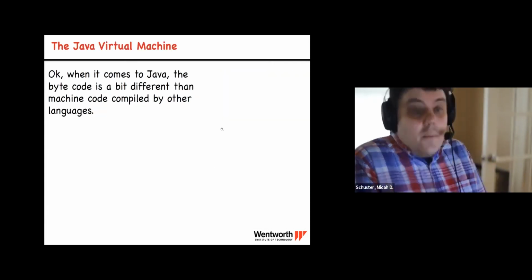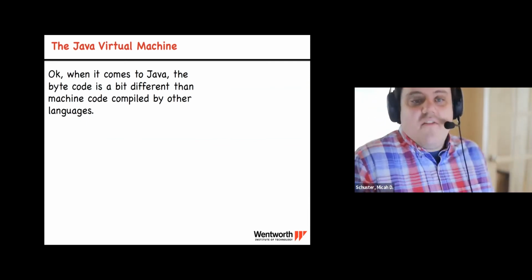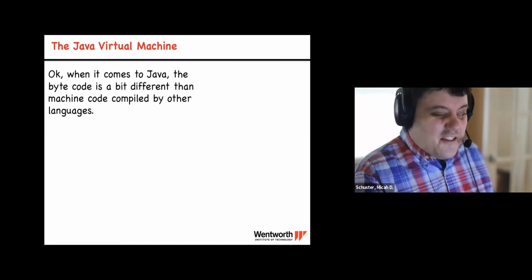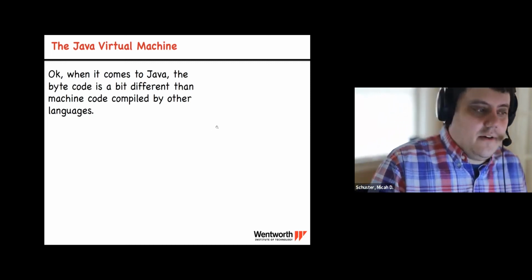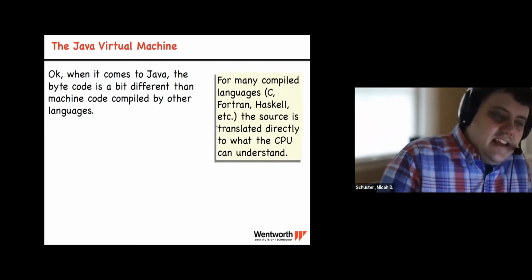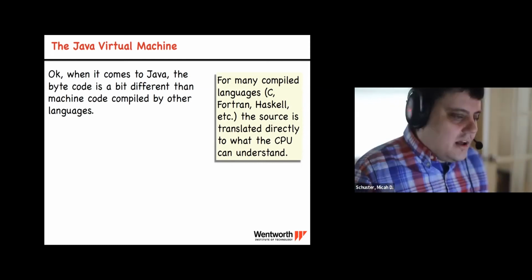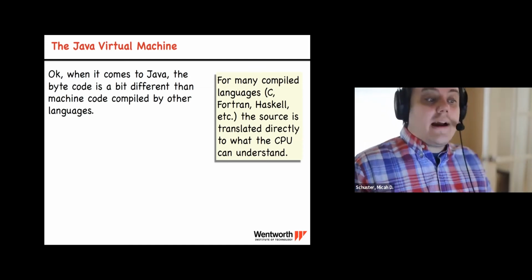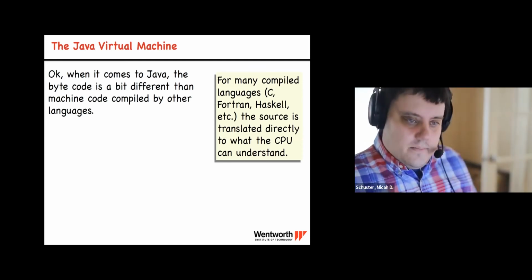All right, so when it comes to Java, the bytecode, that stuff that javac turns your source code into, is different than machine code compiled by other languages. So things like C, Haskell, Fortran, C++, a lot of languages, you translate the source code directly into what the CPU can understand.